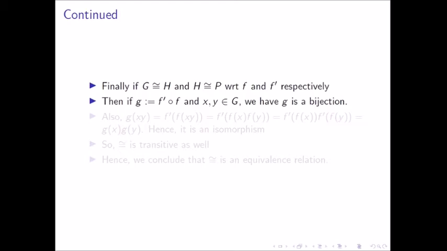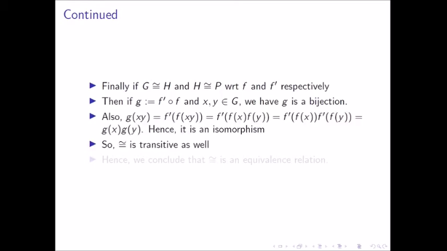Finally, what remains is to show that it's transitive. So suppose G is isomorphic to H and H is isomorphic to P with respect to f and f dash respectively. So f is an isomorphism from G to H and f dash is an isomorphism from H to P. Then the composition g is defined as f dash composite f, and x, y are elements of G. First of all, g is a bijection, right? Because it's a composition of two bijections.